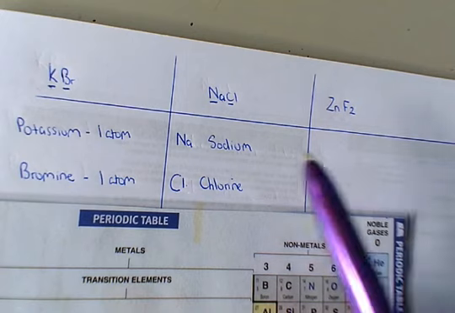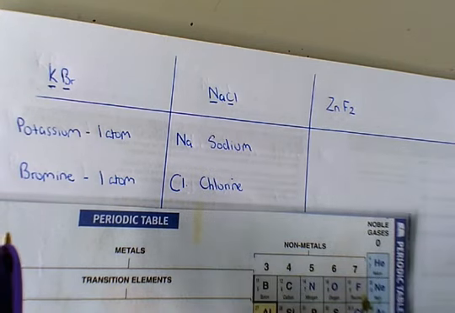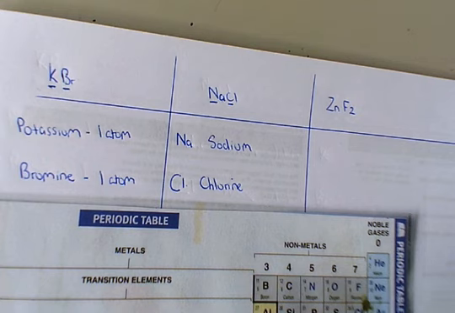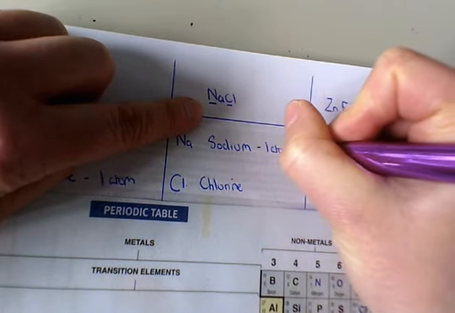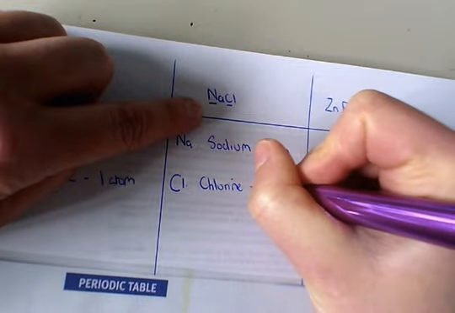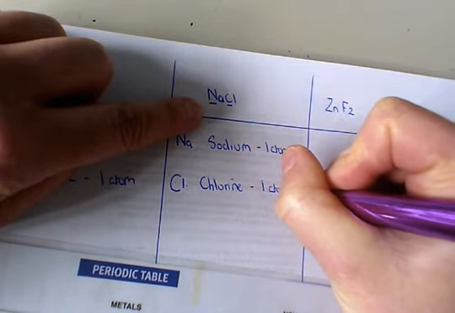Now I go back to the formula and I can see very clearly there are no small numbers present. So that simply means that I have one atom for each of those elements. So I have one atom of sodium, and I have one atom of chlorine.